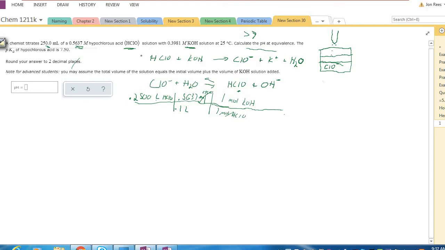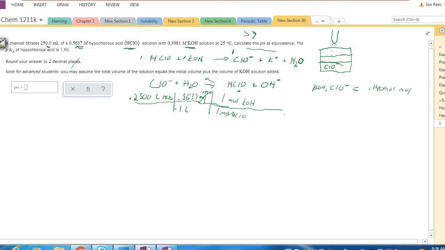But notice that since this is a 1-to-1 stoichiometric relationship, this also tells me the number of moles of ClO minus that I am going to generate. So the number of moles of KOH as well as the number of moles of ClO minus is given to me from this math right here. When I do that, I calculate that I get 0.140925 moles.